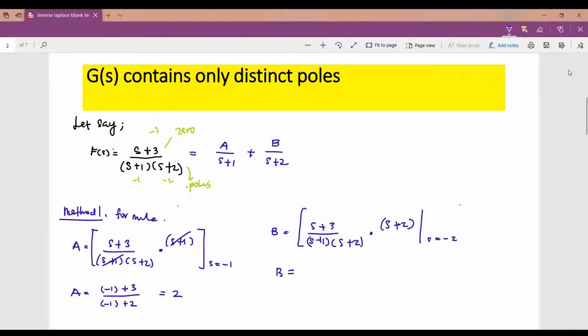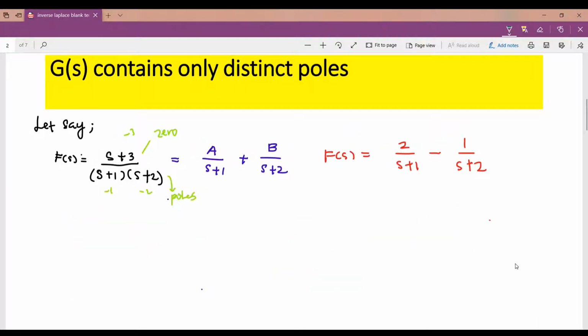Then you can cancel this one and substitute negative 2 into the rest. Negative 2 plus 1, so you will get B is equal to negative 1. From this, you can write the transfer function F(s) is equal to A, which is 2, over s plus 1, minus 1 over s plus 2.